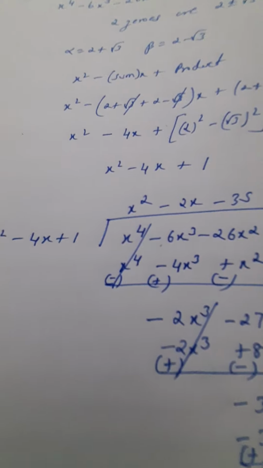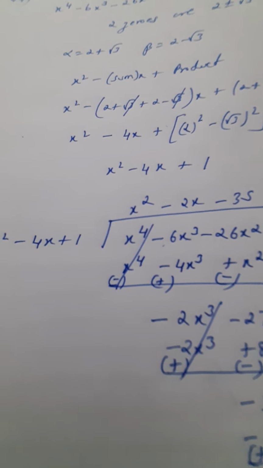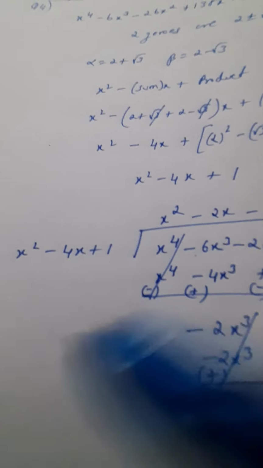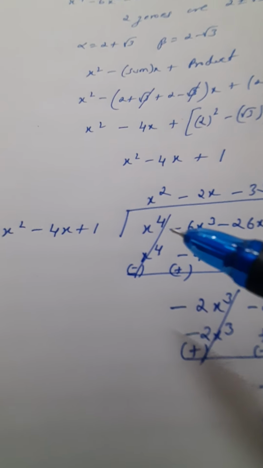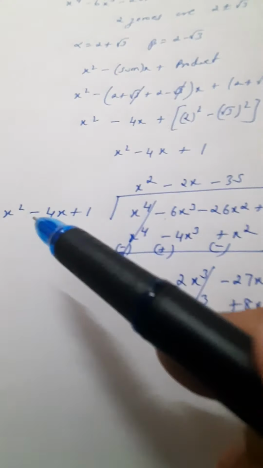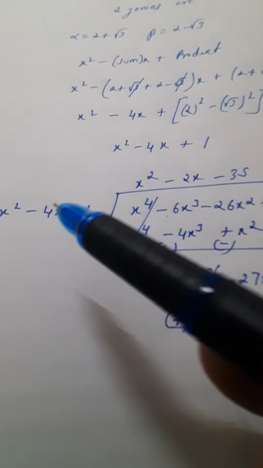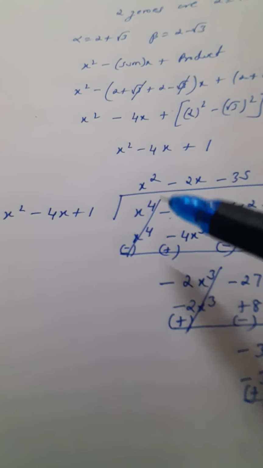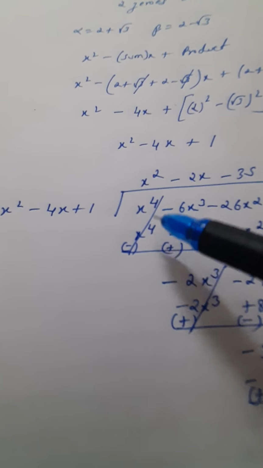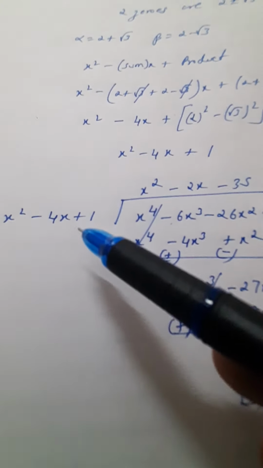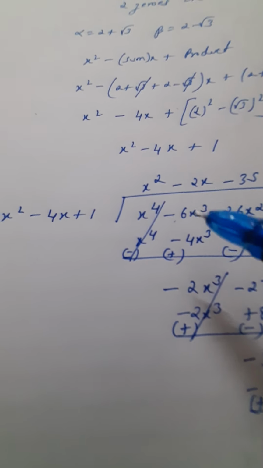So the division process, same as what we did last time. So x square will go how many times in x to the power 4? x square will go x square times. So x square into x square is x to the power 4. The same term has to be there. Minus 4x into x square, we get minus 4x cube.